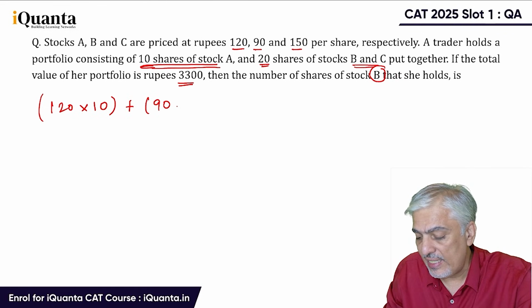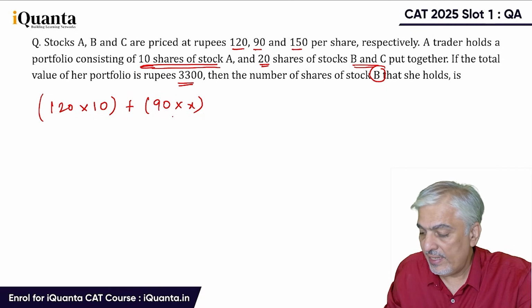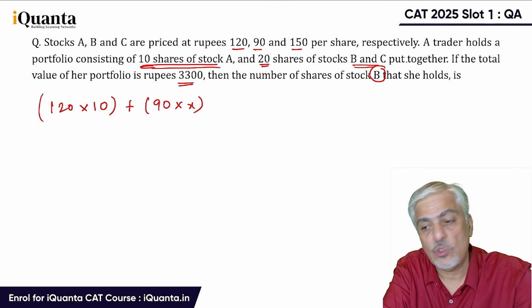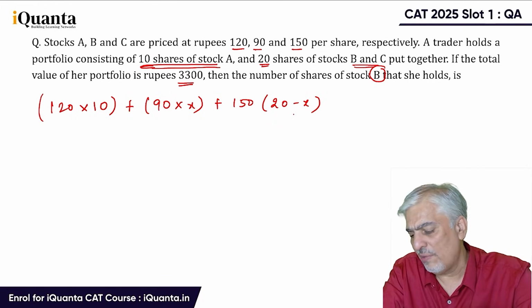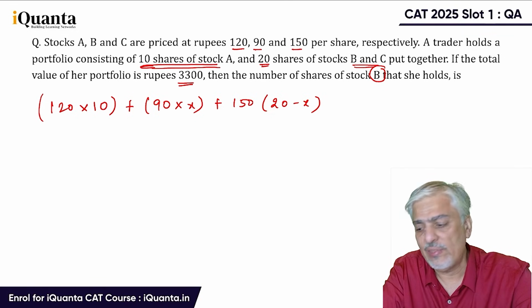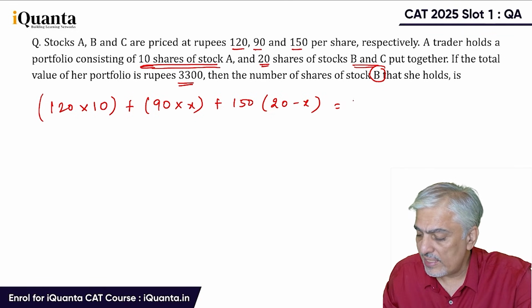So 90 into X. And B plus C together was 20. That means I can take C as 20 minus X, into 150. You could have taken one more variable and formed a simultaneous equation. I'm forming only a single variable equation. This whole thing is equal to 3,300.